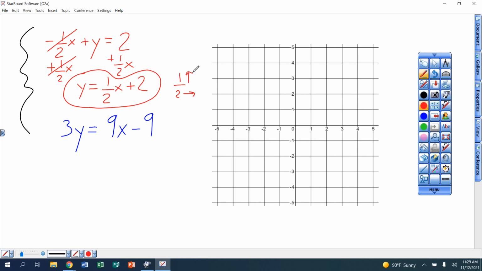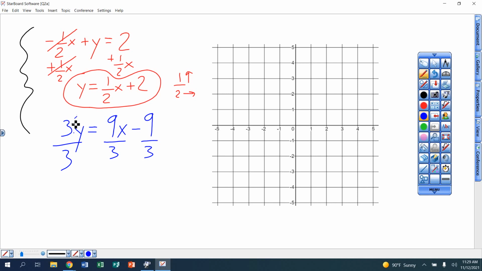For my blue one, that one is not solved for y as well, but I'm not going to subtract 3. To get this y by itself, the opposite is dividing by 3. So I'm going to divide this side by 3. Make sure I divide this side over here by 3, which means on that right side, I'm dividing both pieces separately by their own little 3.